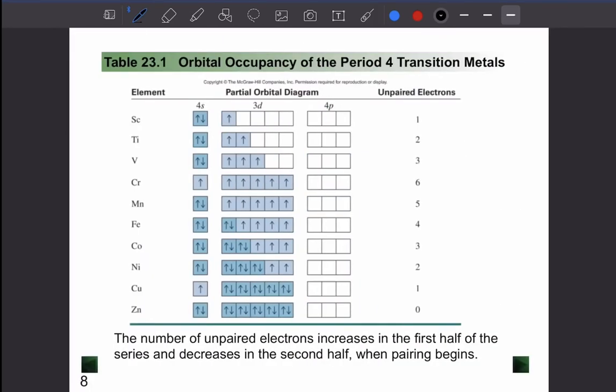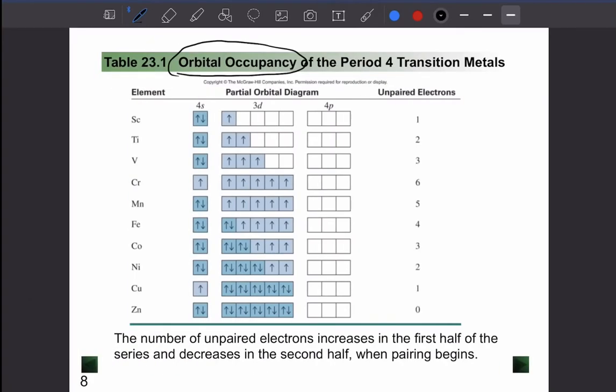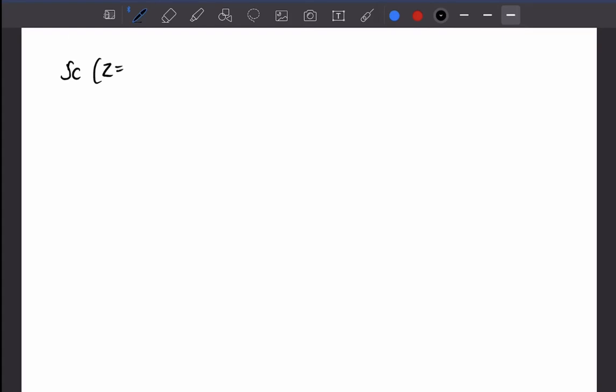Now, if you take an element like scandium, we talk about orbital occupancy. Orbital occupancy is the rate at which the electrons are occupied in an element. So what do I mean by that? If you take the first element, scandium, it has Z of 21. If you write down the configuration, the closest noble gas is argon, which is 18, and then you get 3s2, 3d1.